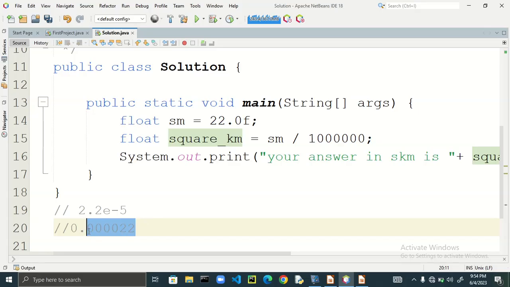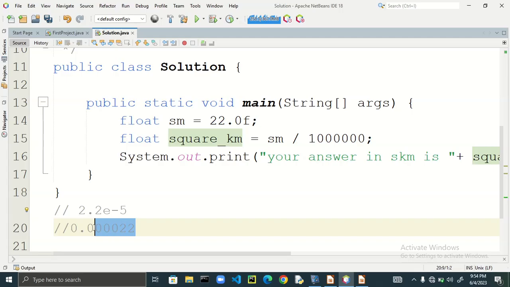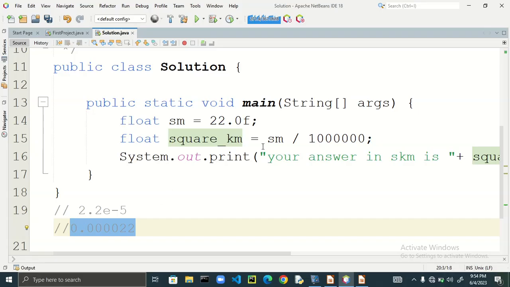So this is the same thing as this. They decided to represent it in standard form. So if you are getting 2.2e minus 5, it is the same thing as this guy that you're having right here. That is the same thing as saying 2.2 times 10 raised to the power minus 5, which is the same thing as this one. Now we are done with the second exercise.